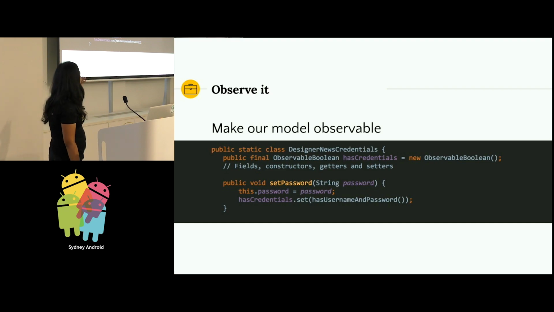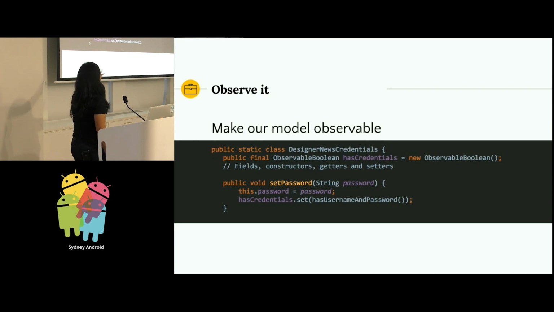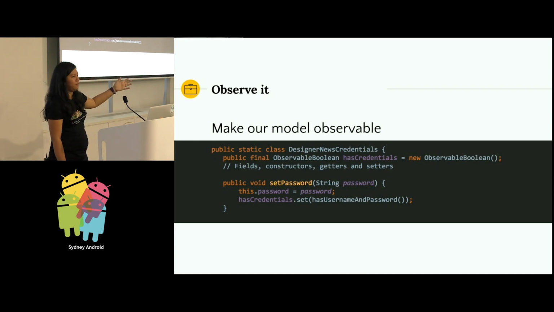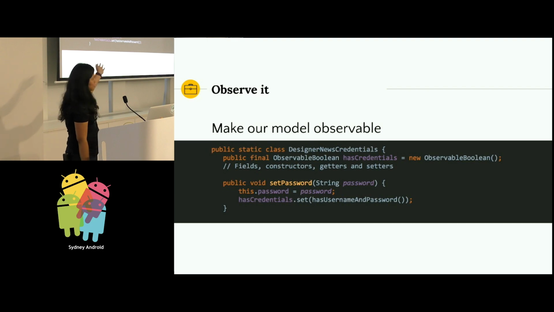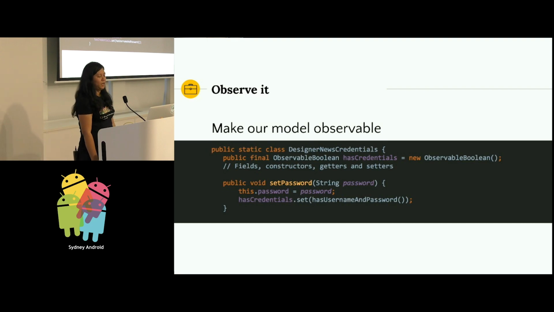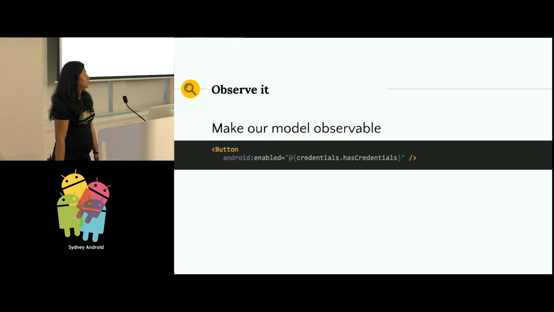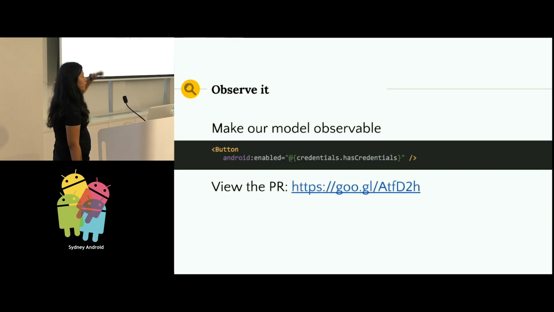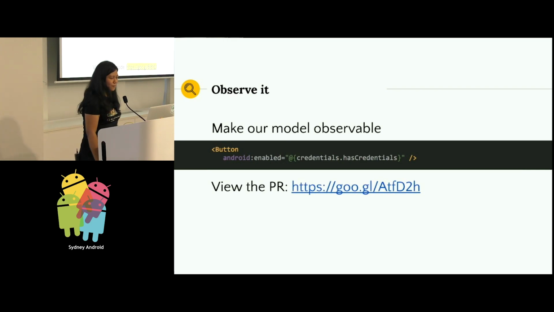So I opted to go with a hasCredentials observable boolean, and then you set it to whatever value it currently is because of our listeners. It allows us to do that very easily. Now we can use this in code just like that, really simple. And the PR for this whole thing is that link.